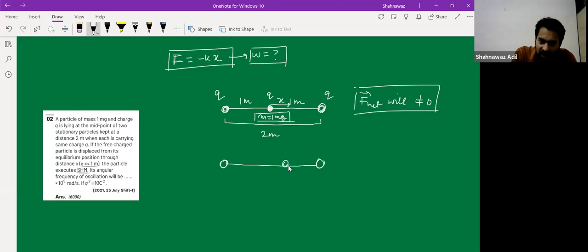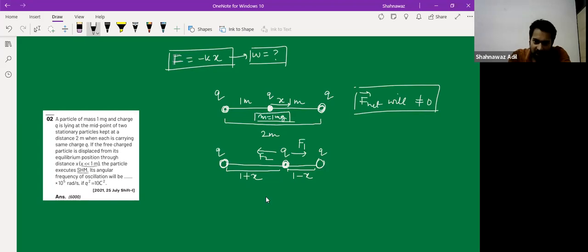Right. So this is displaced by X. So how much distance is this? This is 1 plus X. Right. And this is 1 minus X. Right, guys? This is Q. This is Q. This is Q. Right. So F net would be how much? For this charge, force will be in this direction. What should I name this? F1. Okay. And for this charge, force will be in this direction, F2, right?